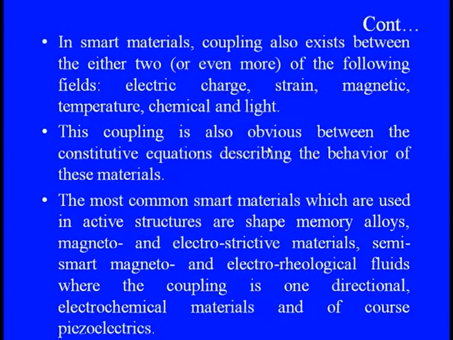The most common smart materials used in active structures are the piezoelectric ones, the shape memory alloys, the magneto and electro restrictive materials, and the semi-smart materials, in which we have the magneto and electro rheological fluids, and the piezoelectric materials, in which there is a clear coupling in one direction to electrochemical materials.